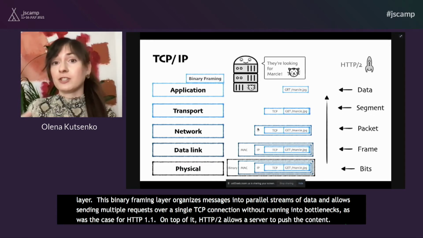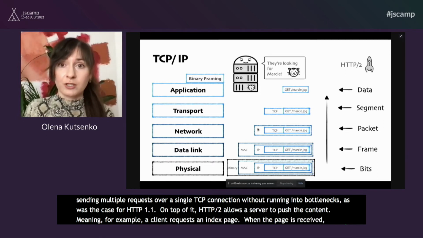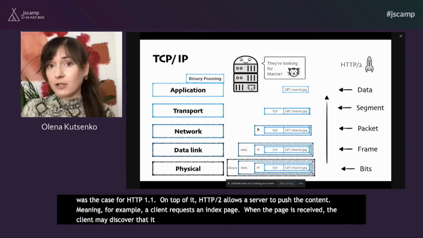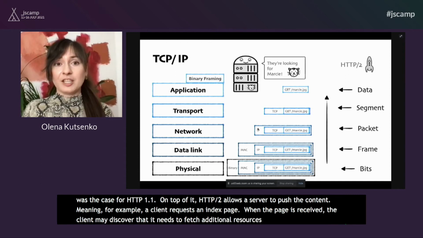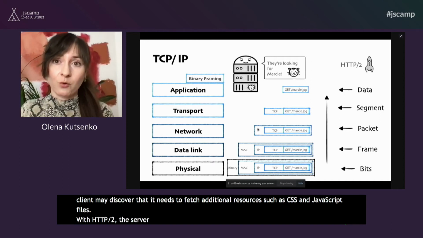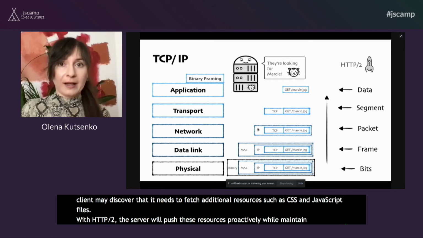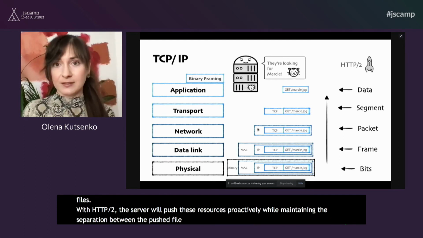Once the page is received, the client may discover that it needs to fetch additional resources, such as CSS and JavaScript files. With HTTP2, the server will push these resources proactively while maintaining the separation between the pushed files and the initially requested ones.